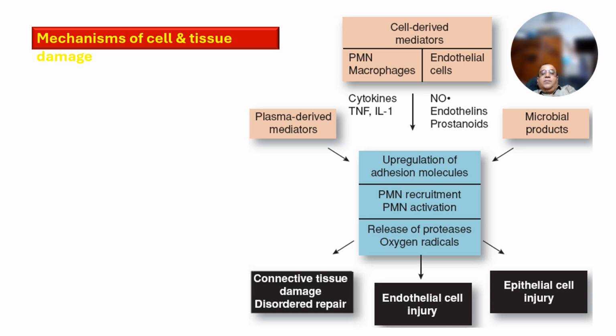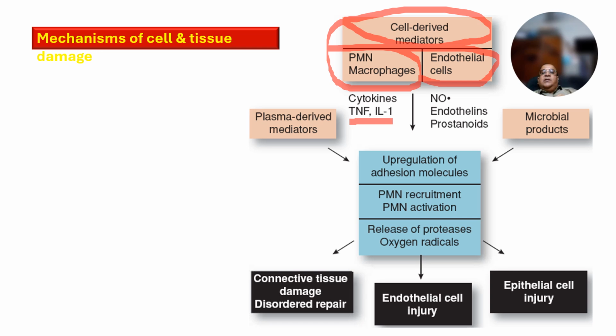The cell-derived mediators are associated with activation and release of various products from neutrophils as well as macrophages. They are also responsible for various biochemical changes on the endothelial cells. So there is release of tumor necrosis factor and interleukin 1, which are the major cytokines. There is also production of nitric oxide and endothelin along with prostaglandin.